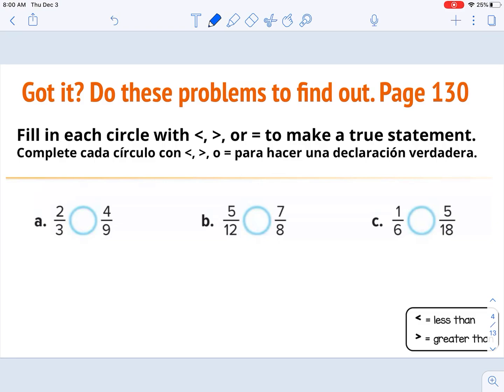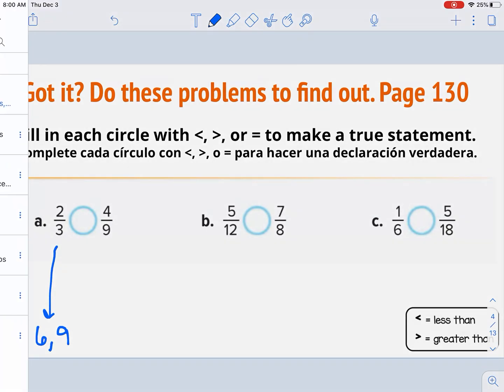All right, so in example A, we have 2/3 and we have 4/9. So I'm going to start by thinking about the multiples of 3. 3, 6, 9. Oh, 9, that's the same as my other denominator. So I'm going to change this one on the left to turn into ninths. And then I can compare them because they'll have the same denominator.